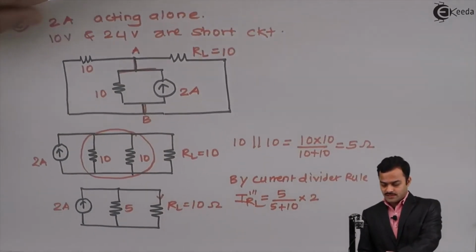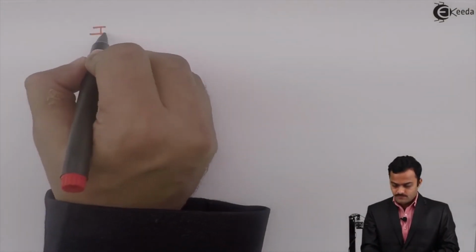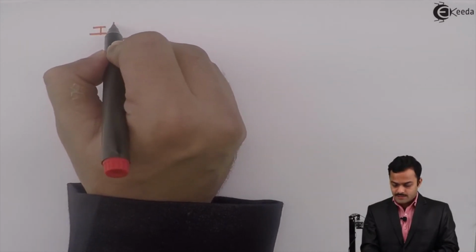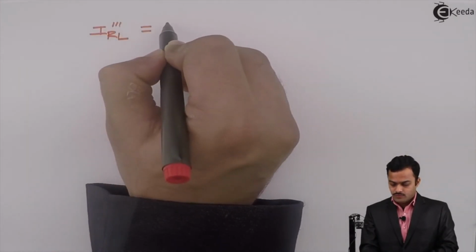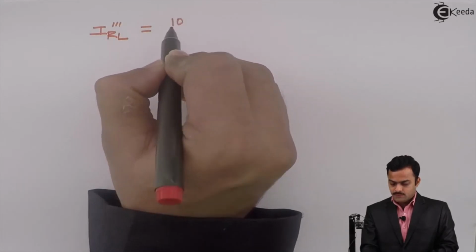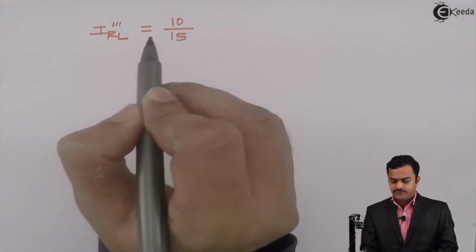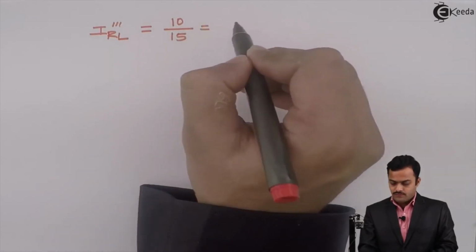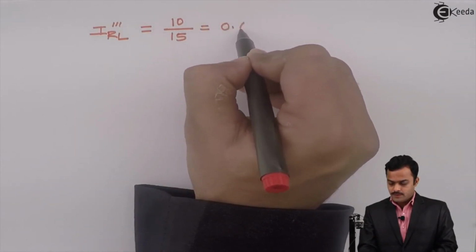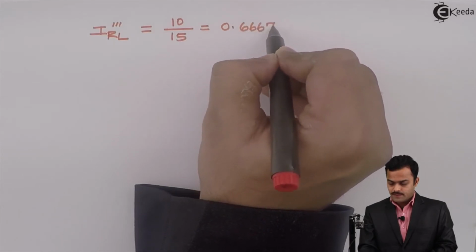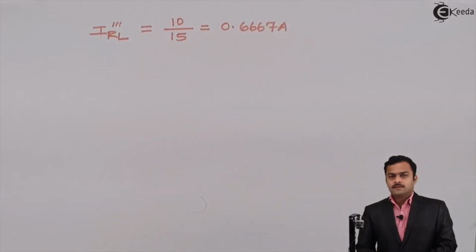So if I solve this, I will get IRL triple dash equal to 10 divided by 15. So finally it is 0.6667 ampere. Now we need to fix its direction.